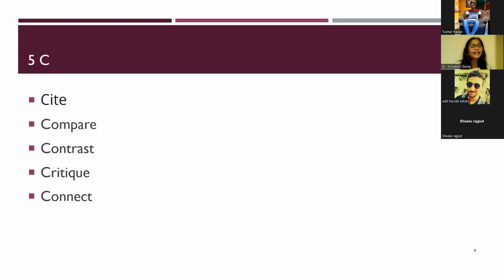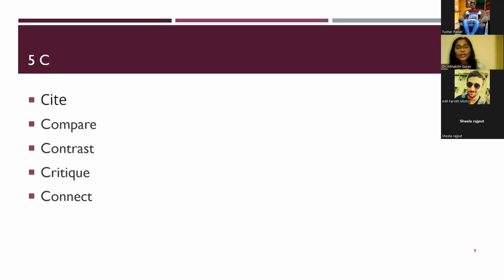The literature review. When you are doing a literature review, keep some things in mind, like the 5 C's: cite, compare, contrast, critique, and connect. For being a researcher, critique is a very, very important characteristic of a researcher.